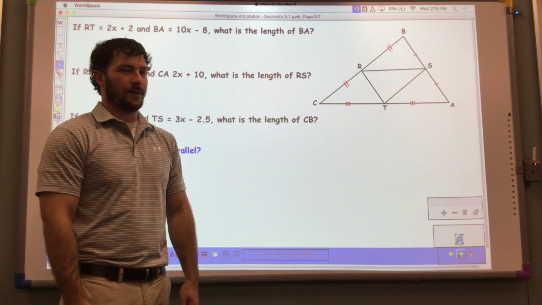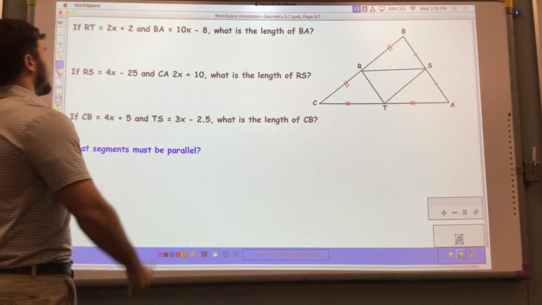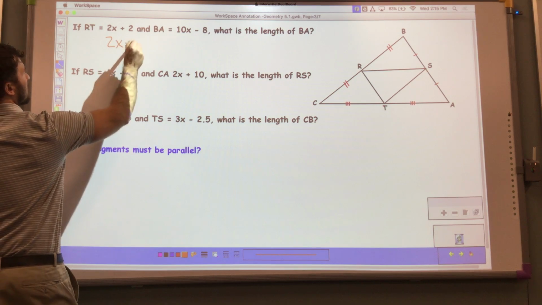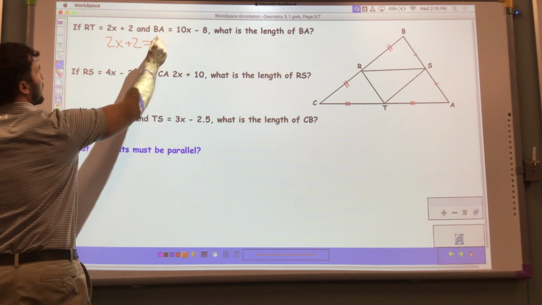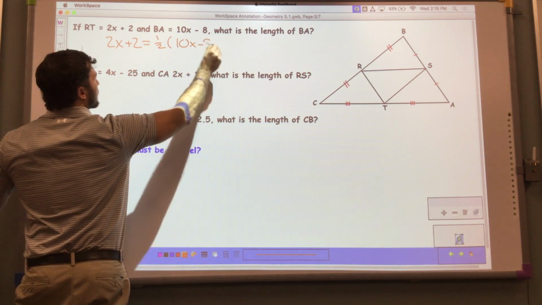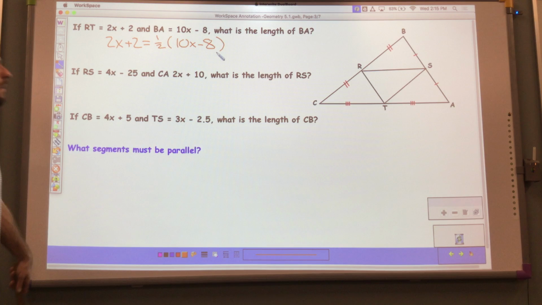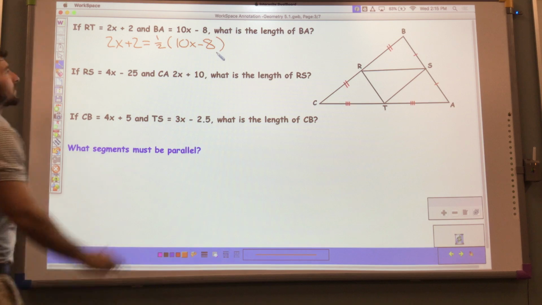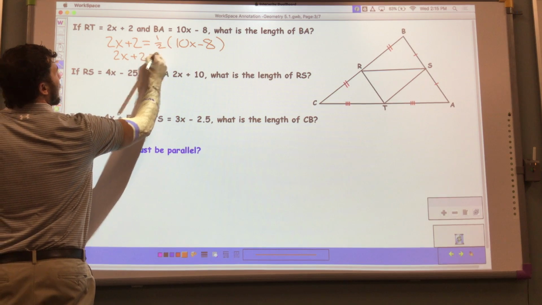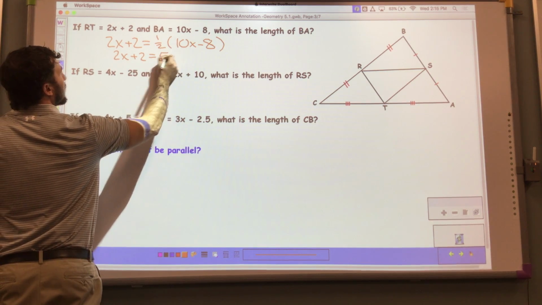So one way to do it is to say RT, which is 2x plus 2, equals 1/2 of 10x minus 8. Now you can go ahead and solve, and distribute your half. Half of 10x is 5x.